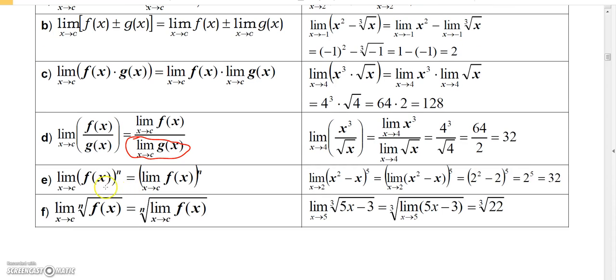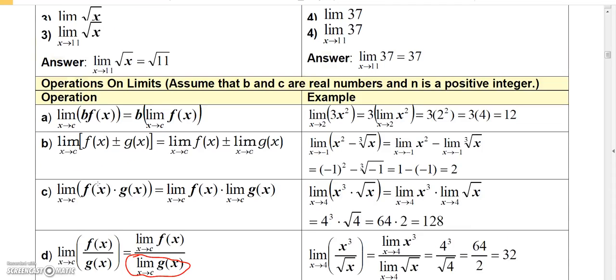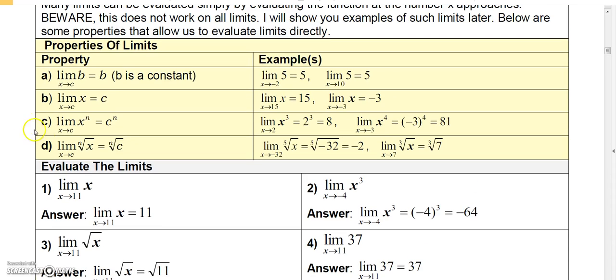Now the next couple, they might appear to be similar to ones we had up here, like C and D that we had up here. But up here, these were just for x to the nth power or the nth root of x.